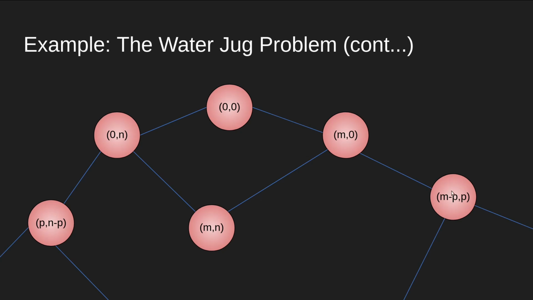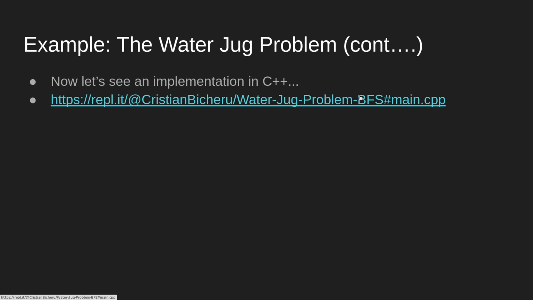P is the minimum of either N or the amount left that you can pour into the first jug. I'll show it in the code and explain that more, because it's a little confusing. Basically you want to traverse this graph, and we want to get to either 0 D or D 0 somehow. In this example I use BFS, but you can use DFS as well. And we'll see an implementation here.